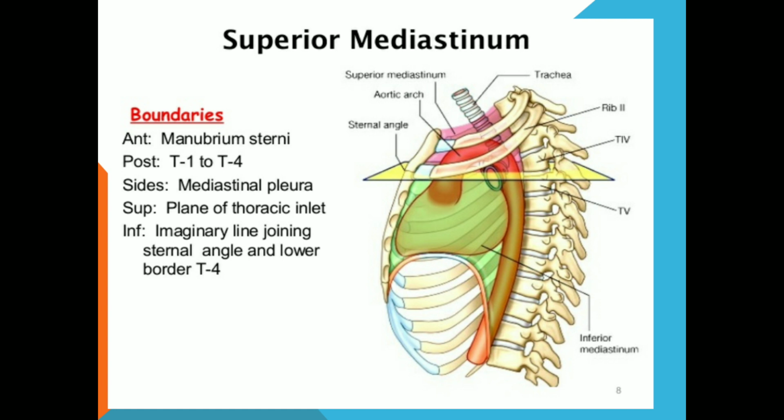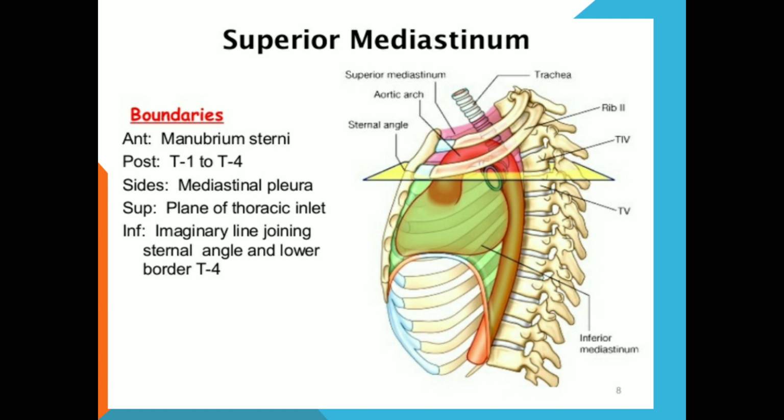What is this region called? This region is called the superior mediastinum. So what are the boundaries? Anteriorly it is related to the manubrium sterni. Posteriorly it is related to the T1 to T4 thoracic vertebrae. At the side it is the mediastinal pleura.